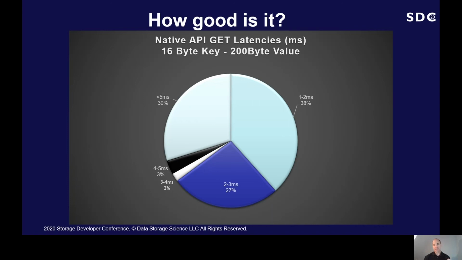The idea here is that most of the gets come in at under 3 milliseconds for retrieval times, right around 2/3 of them, and then right around 1/3 of them are much longer, and then there are some in between ones.